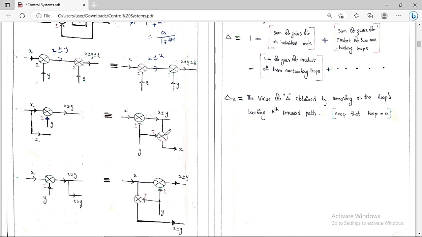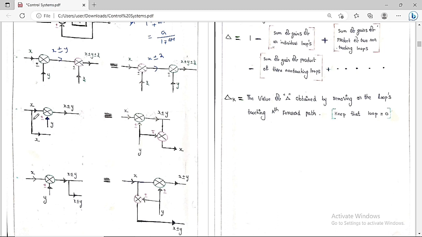Suppose I take another summing point, so here also y. If you add these two elements and I take the output from here, then what are you going to get? X plus or minus y minus or plus y. Then y cancels, and you are going to get the output as x.